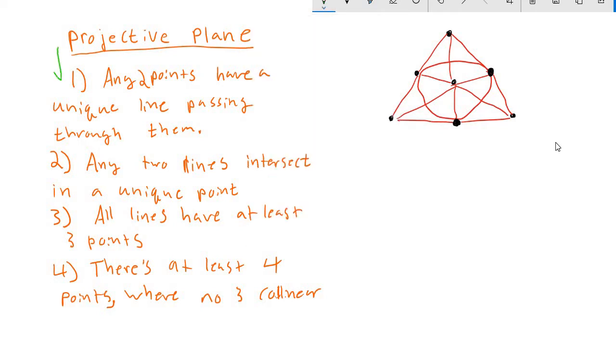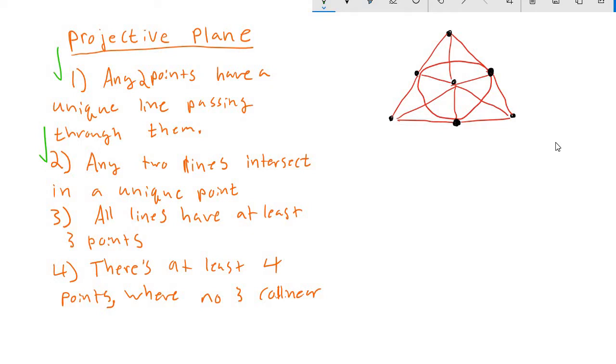So 1 is certainly satisfied. The next one is any 2 lines intersect at a unique point. So again, you just sort of have to stare at this drawing for a while. And if you look at any pair of lines, including the circular line, you'll find there's always one and only one point where those lines intersect.